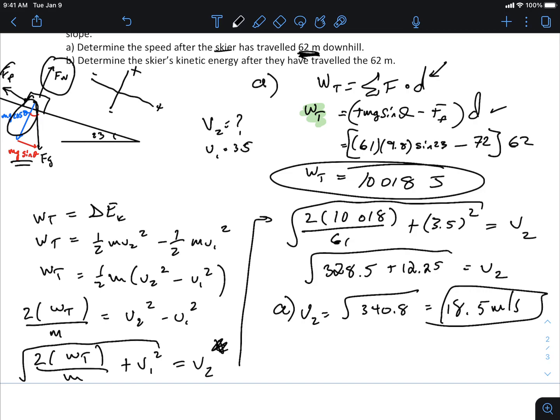Part B is really short. Does everybody agree with that one now? Thanks, Jagger.